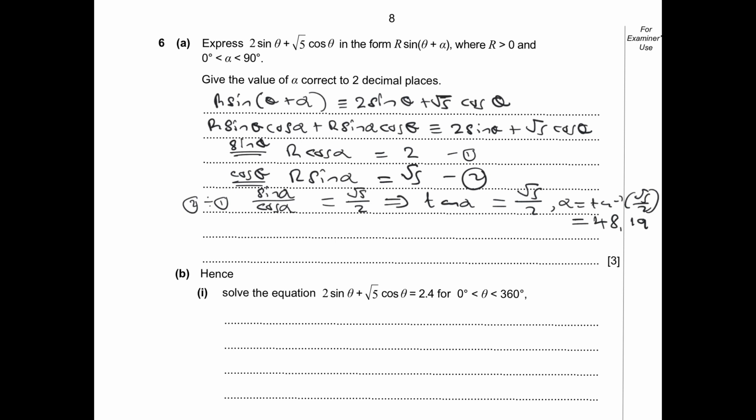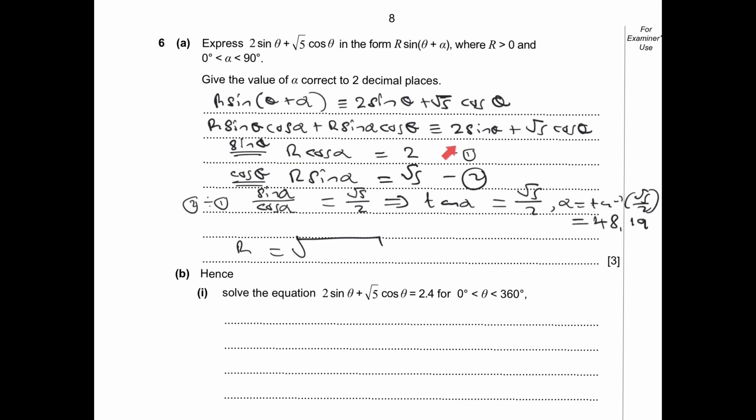Now for our r, what is going to happen is that if we square this one here and that one here, we're going to get r squared cos squared alpha plus r squared sine squared alpha. So remember, cos squared alpha plus sine squared alpha gives us 1. So we can factor out r squared. Since we squared this side, we should also square both sides.